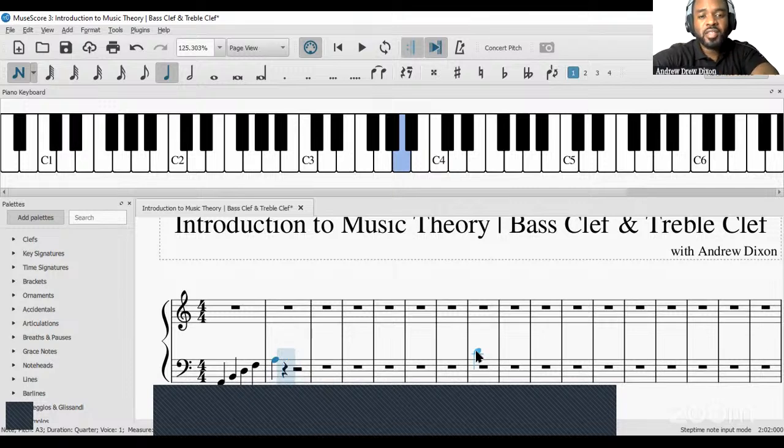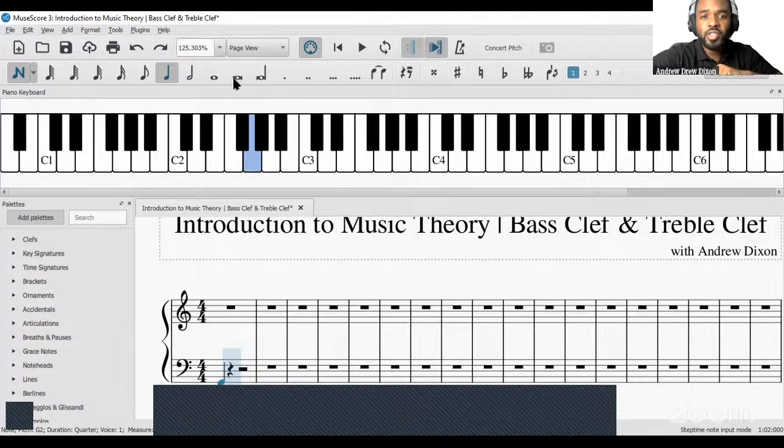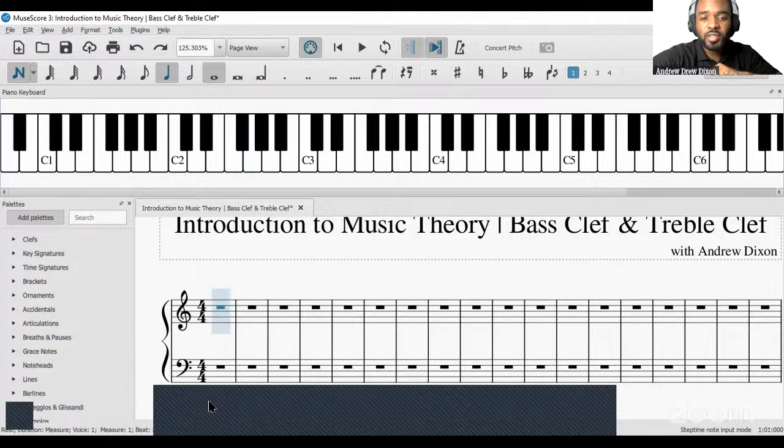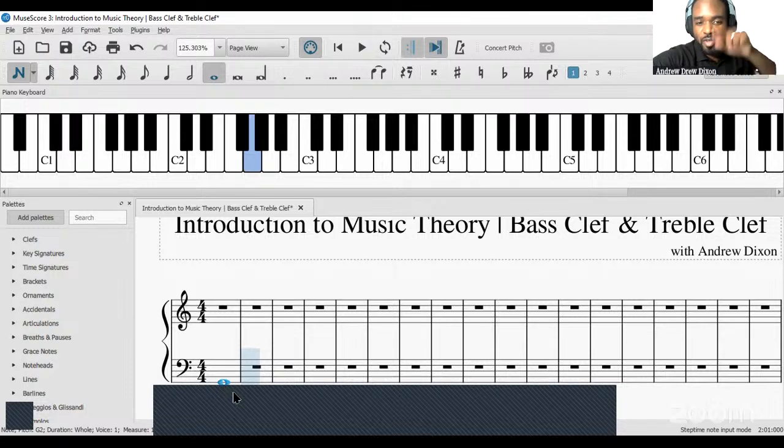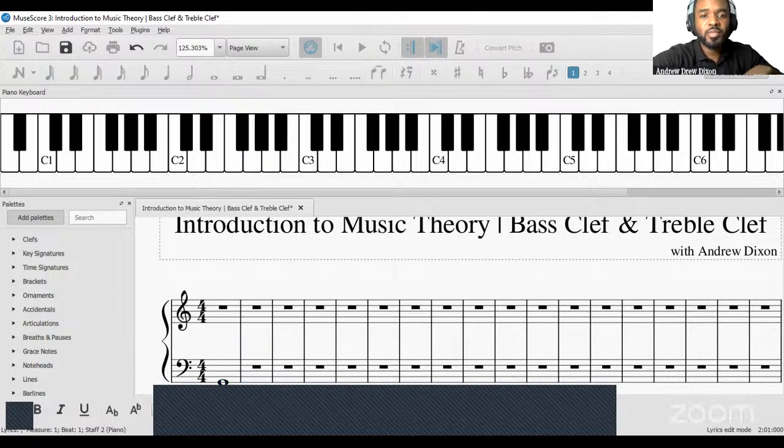To make this easier, I'm going to use whole notes. Remember, whole notes do not have any stem on the side, just that round egg shape all by itself.